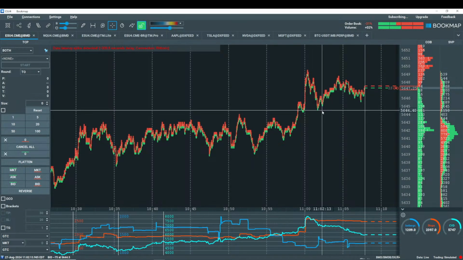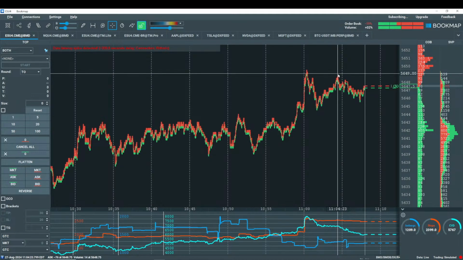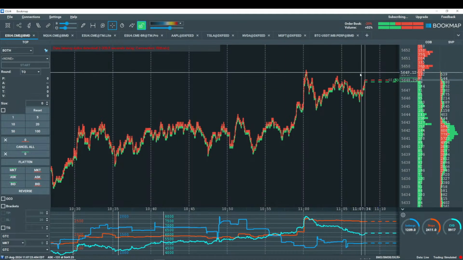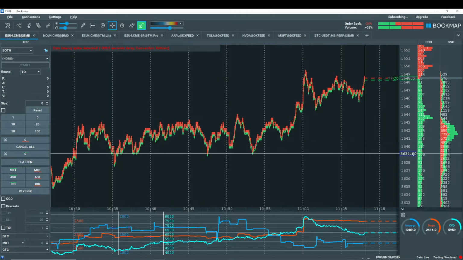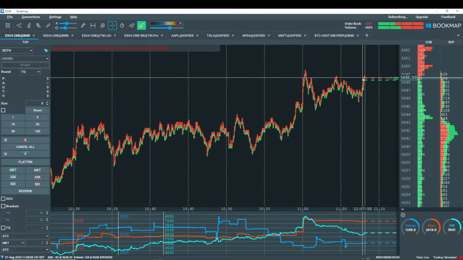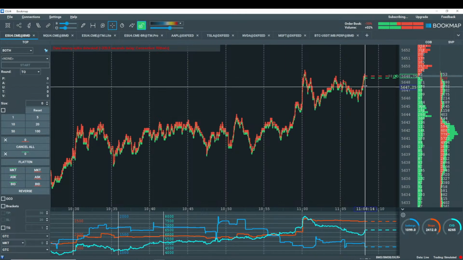So you're a buyer down here at 44 and a half or so. You're a seller up here around 48 and 3/4. Now what we're looking for is, what does the order flow look like around this area up in here, right? So do you want to take that risk?